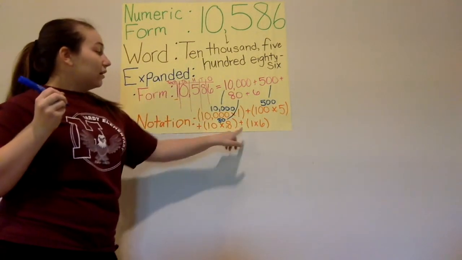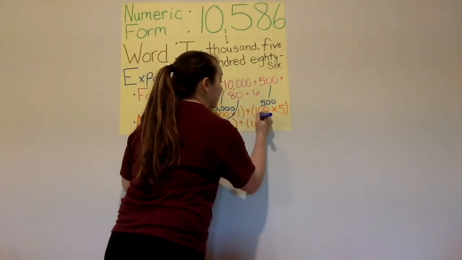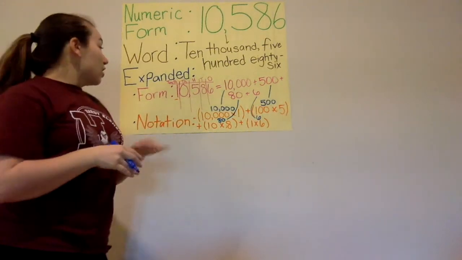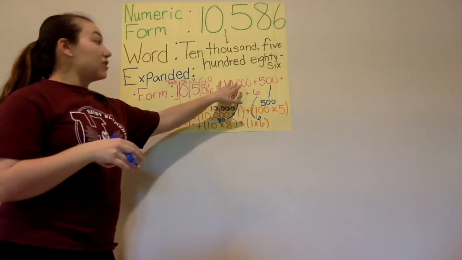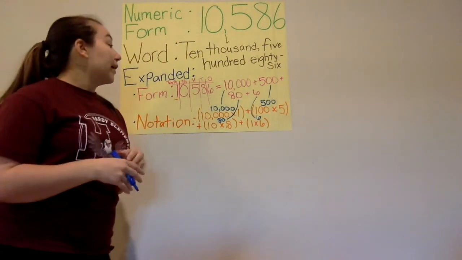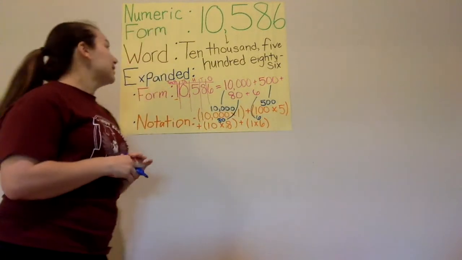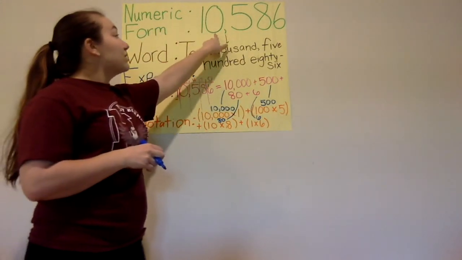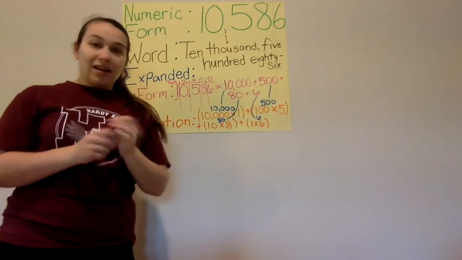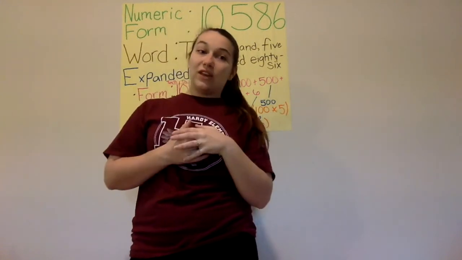And finally, 1 times 6 gives us 6, which matches up with that. So our expanded notation is just breaking up our expanded form even more. And we know 10,000 plus 500 plus 80 plus 6 gives us 10,586.